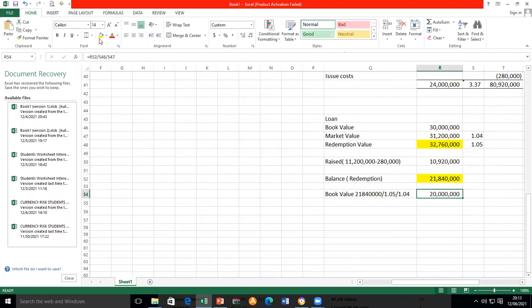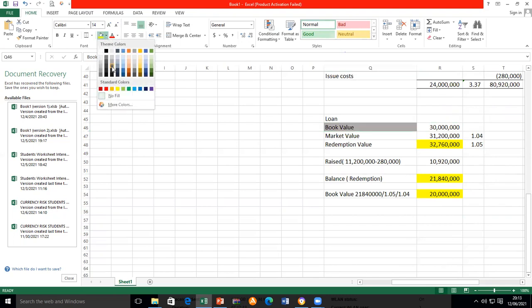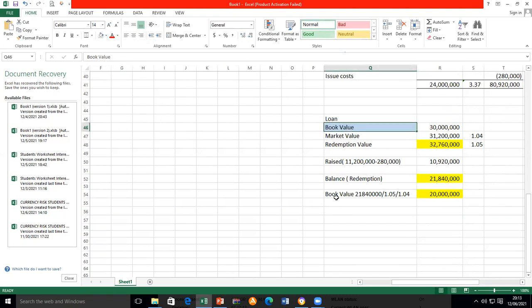So all things being equal, your balance sheet will still show this amount. What have you achieved? You have reduced your loans from 30 million to there. That's where you are.